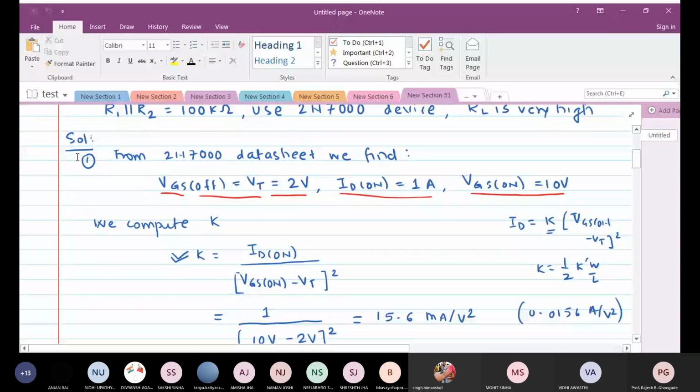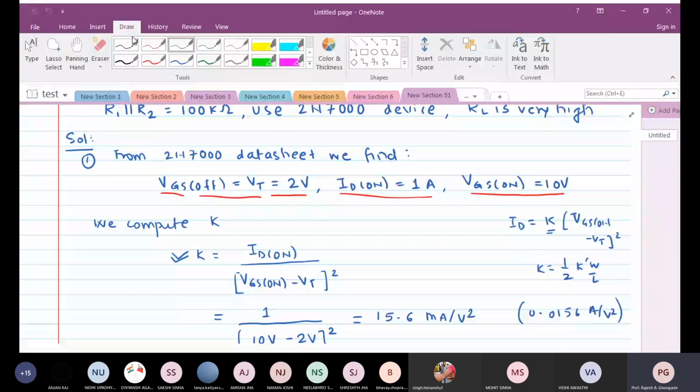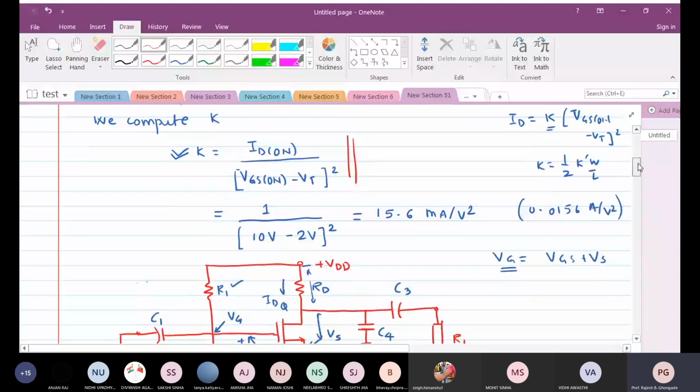We started with finding VGS off, that is VT, ID on, which is 1 ampere, and VGS on from the data sheet of 2N7000. With that we were able to use this formula to calculate K. We know that K is a very important factor here.